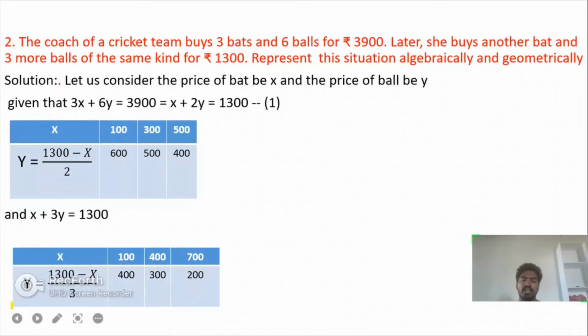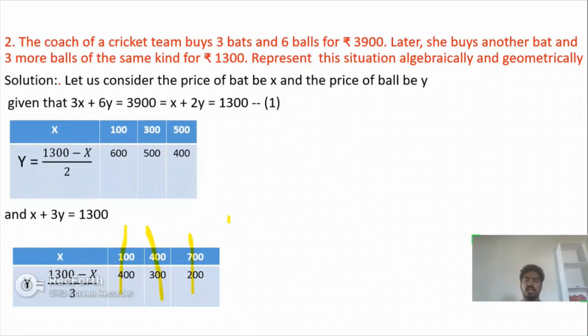And if I take x equal to 700, then y is equal to 1300 minus 700 divided by 3, which is 600 divided by 3, and the result is 200. So for the second equation, again I am getting three values for 100, 400 and 700, and the points are (100, 400), (400, 300) and (700, 200).